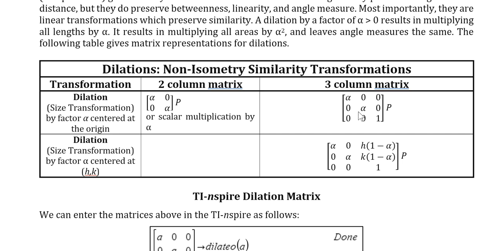You can verify that if you multiply this by the point x, y, 1, you will get alpha times x and alpha times y, which is a size transformation, a dilation centered at the origin. And I'll show you in just a second how I got this one down here, but this is the more general dilation about a center point h, k and by a factor alpha.